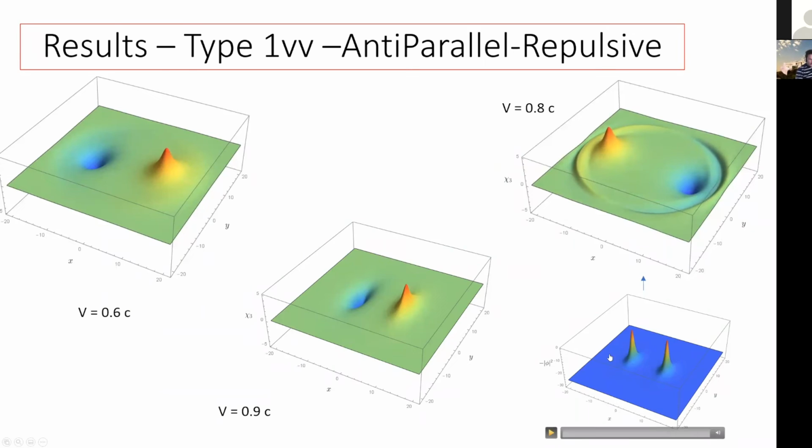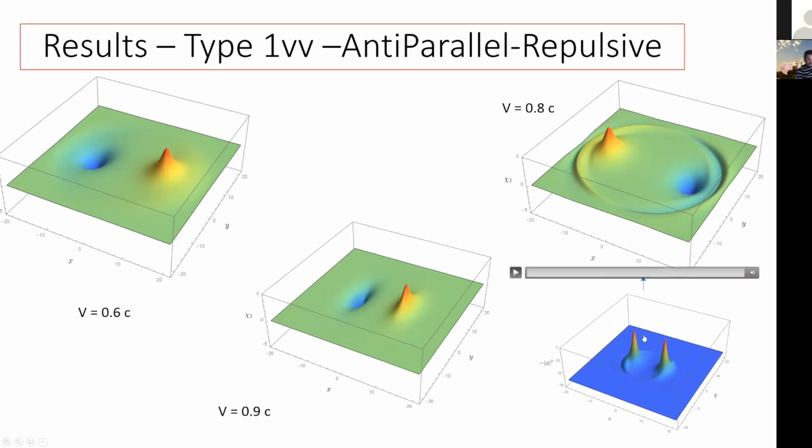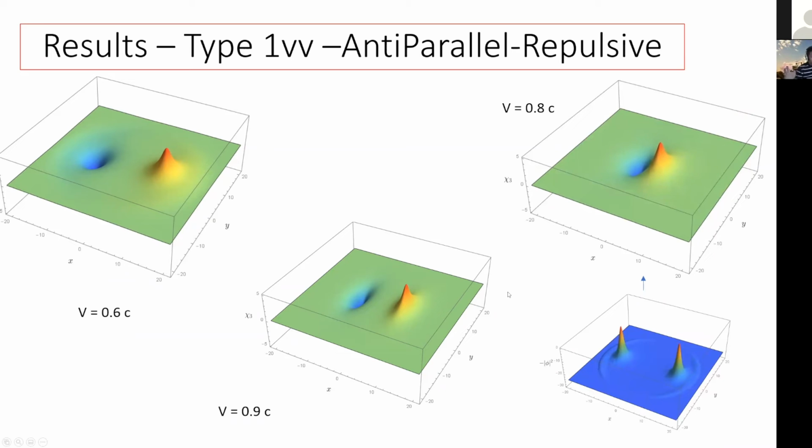We know that they don't scatter because if I plot the phi field rather than the orientations, these simply meet and repel. This is the same scattering as this one, only this is for the Higgs field, and this is for the internal orientations. Somehow, when they meet, they seem to interchange their orientation and yet not scatter.